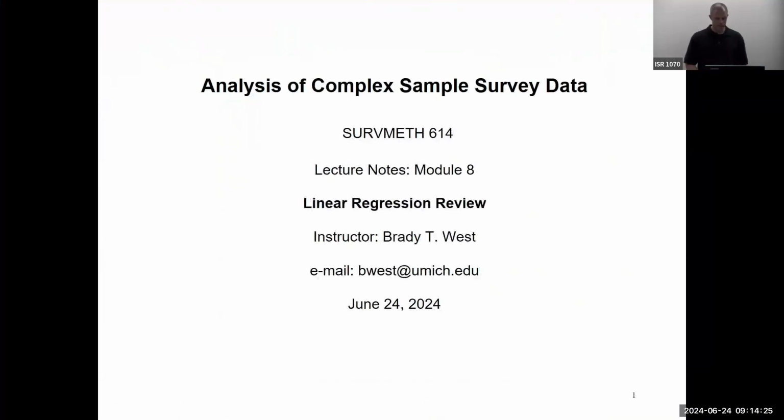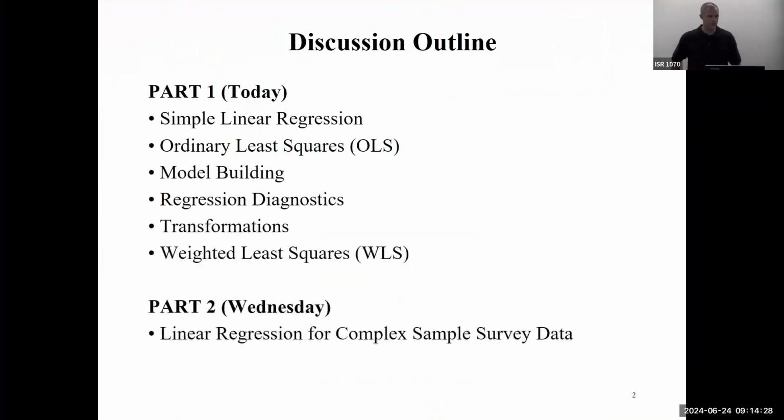This is going to be a 2-part discussion. Today, in part 1, we're going to be reviewing some of the basics of fitting a linear regression model. This may be a review for most of you, but we want to make sure that we have these fundamentals down in the case of simple random sampling.